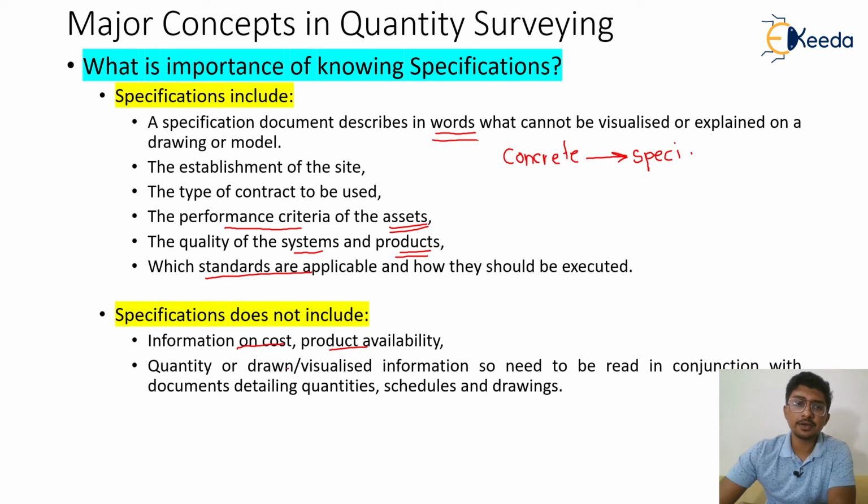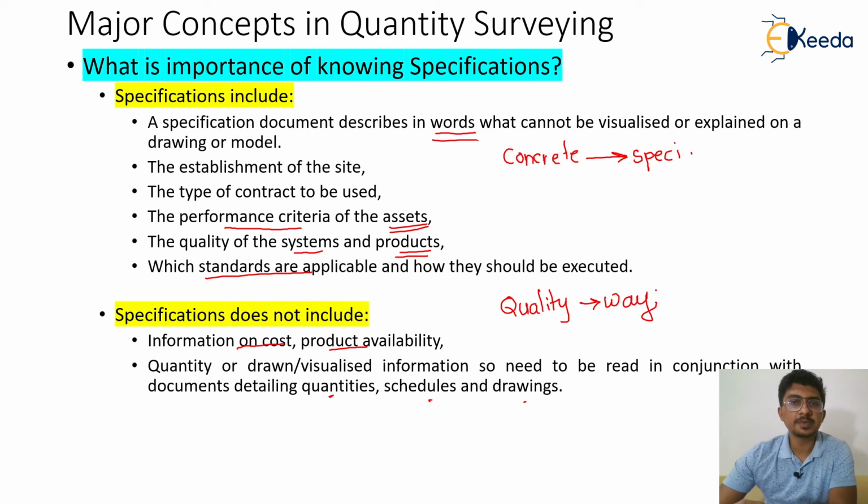Then the quantity or drawing information needs to be read in conjunction with the documents related to quantity, schedules and drawings. Now the specifications give you the idea of the quality that someone is expecting, and the way in which that quality is to be achieved.